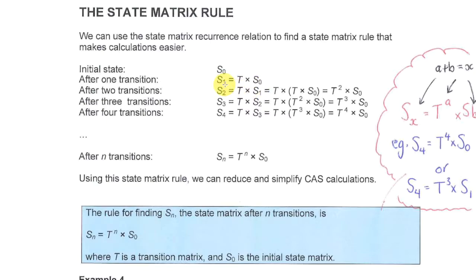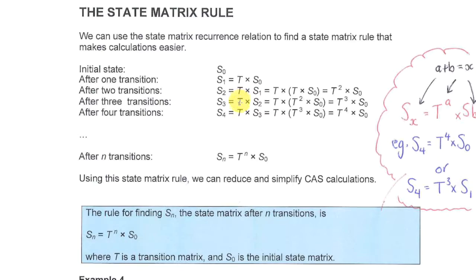S2 is going to be the transition multiplied by the state immediately before S2, which is S1. Now, given S1 is defined as being T times S0, then really we can say it's T being multiplied by T times S0. So we can say it's T squared times S0.